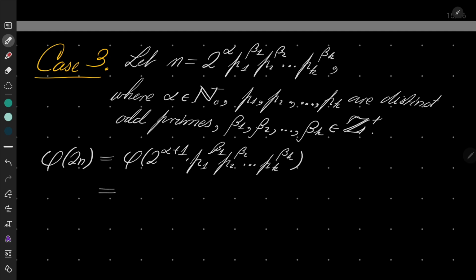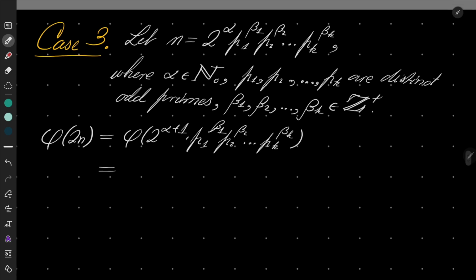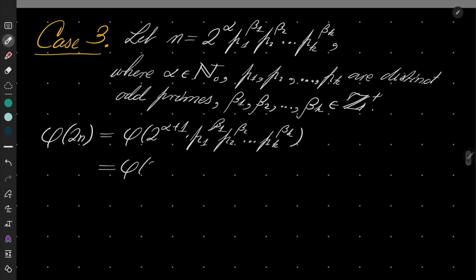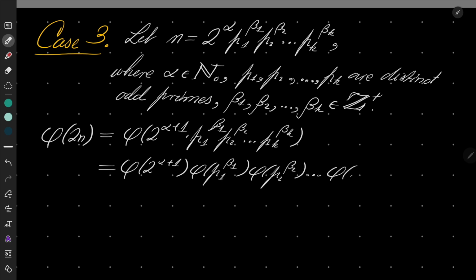And now, using the fact that our function is multiplicative, it's the same as phi of 2 to the power alpha plus 1, phi of p1 beta 1, phi of p2 beta 2, and so on, phi of pk beta k.